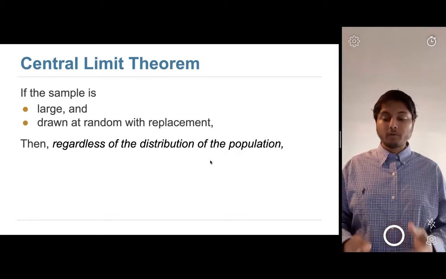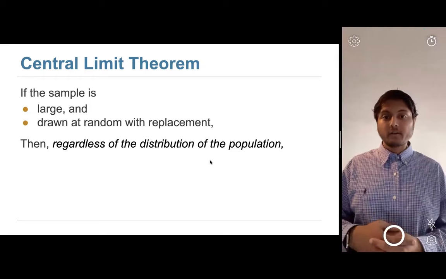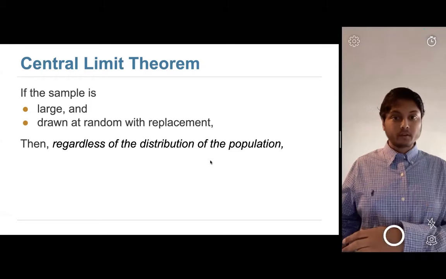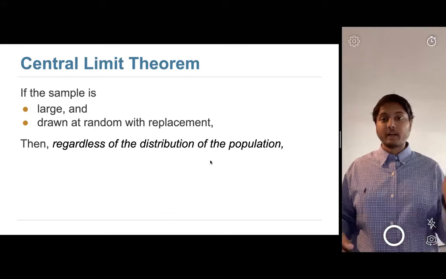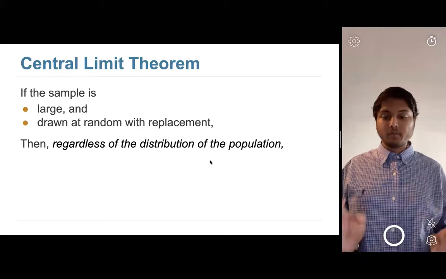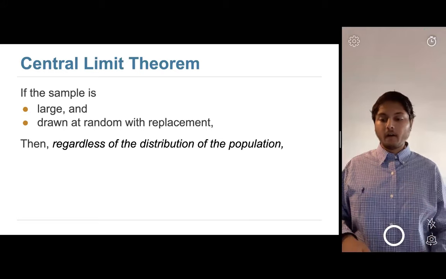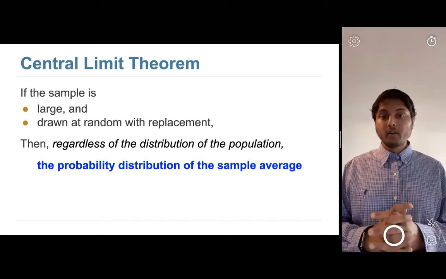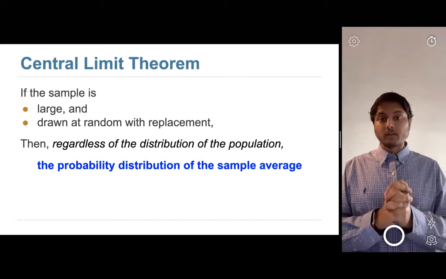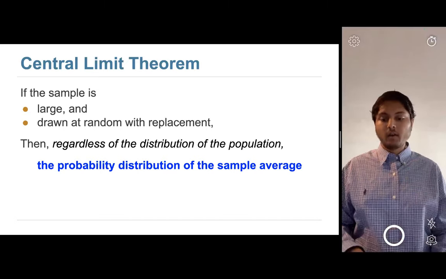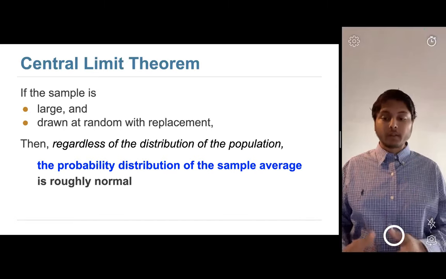What's really powerful is that if you can satisfy those conditions, then regardless of what the distribution of your population looks like, whether it's left skewed, right skewed, or U-shaped, it doesn't matter how people are distributed in your population. The probability distribution of the sample average, which is your estimate, not the values in the population but your estimate, is going to be roughly normal. That's basically the central limit theorem.